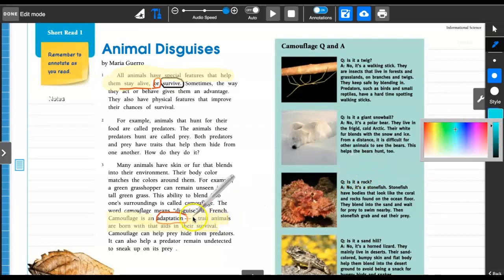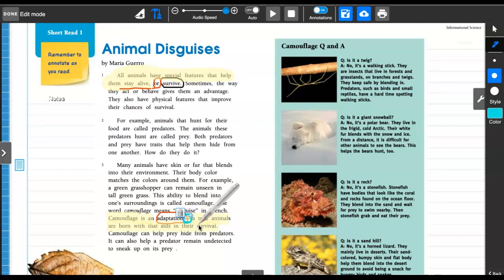But I do notice that if I read it, it says camouflage is an adaptation. Then there's that little dash. And then it says, a trait animals are born with that aids in their survival. So if you look, it doesn't give you a magic word, but it does give you this dash right here.